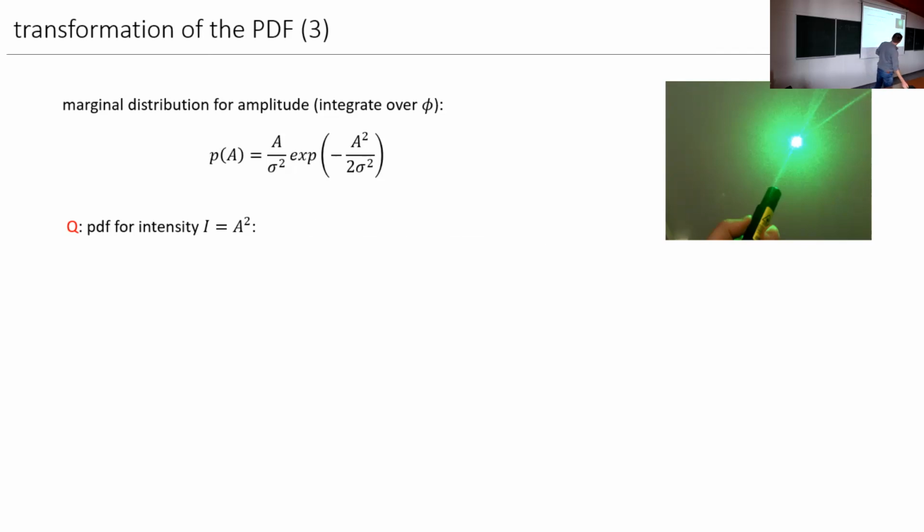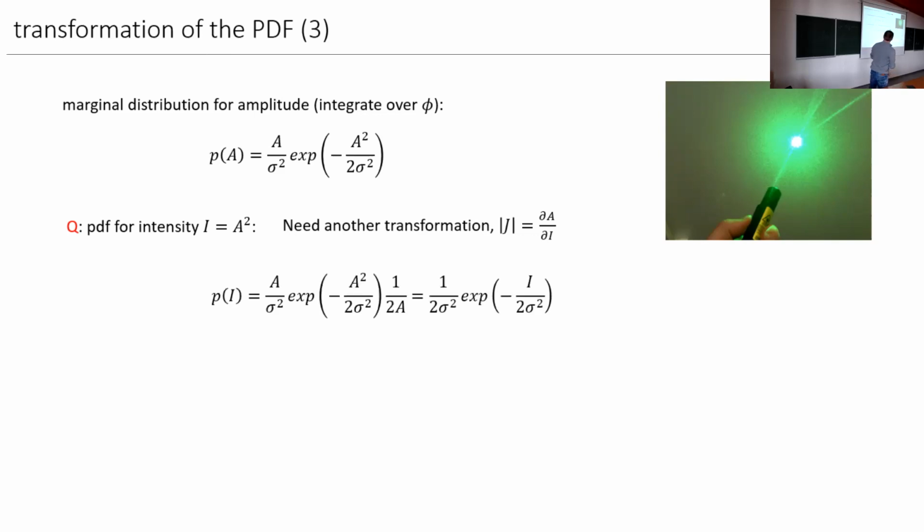So we would again have to calculate the Jacobian determinant, which is simple because we have one variable. That is 1 over A. So then we multiply that with this distribution for the intensity.